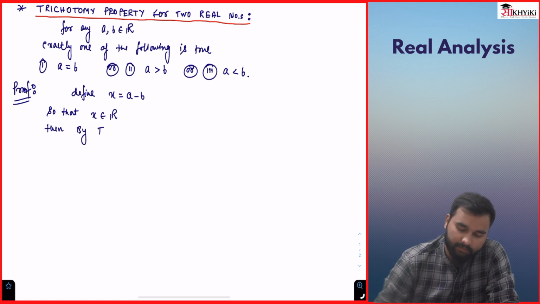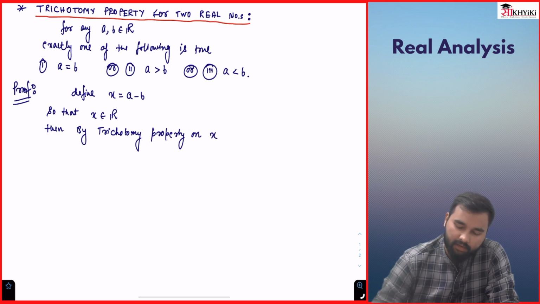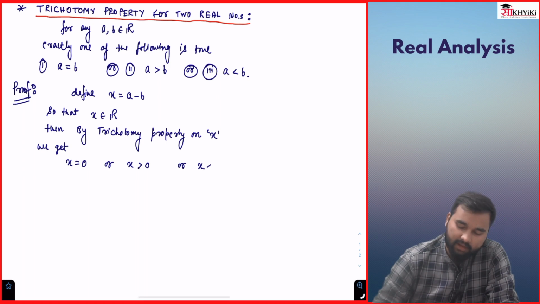By the trichotomy property on a real number x, we get either x equals 0, or x is greater than 0, or x is less than 0.